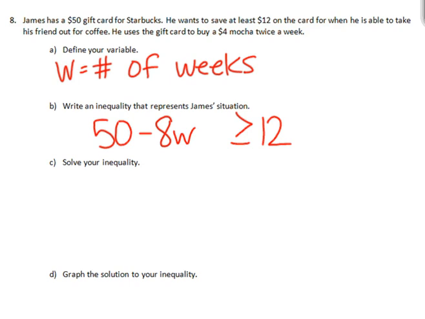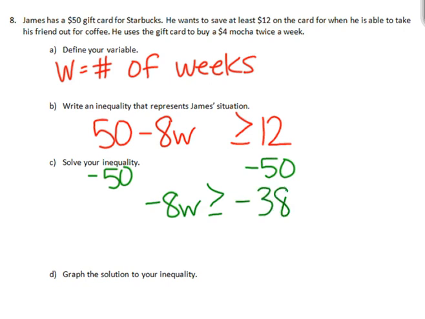Okay, now we can go ahead and solve that. I can subtract 50 from each side. So we get negative 8w is greater than or equal to negative 38. And then we're going to divide by the coefficient of negative 8. So we get w.